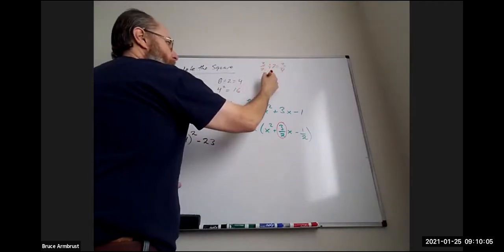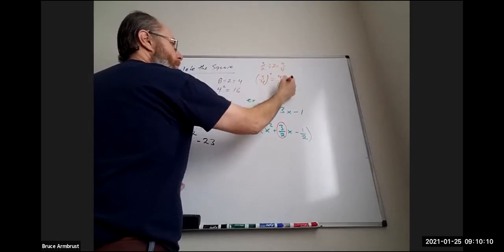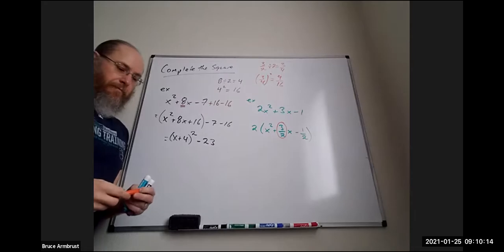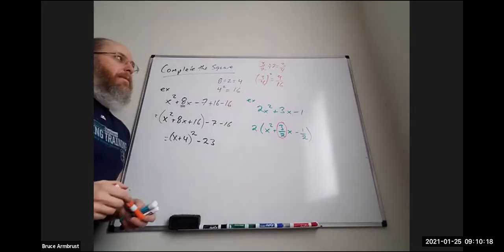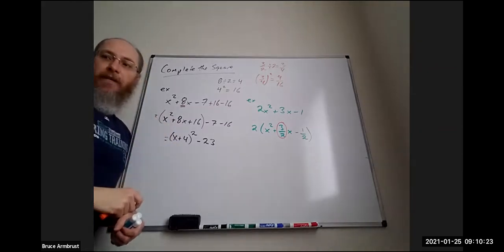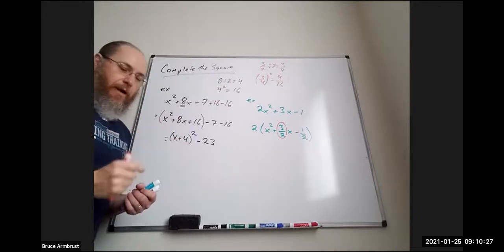Then we take that 3/4 and square it, which gives us 9/16. So again, divide by 2 and square. The fact that they're fractions, so what? The process is divide by 2 and square.